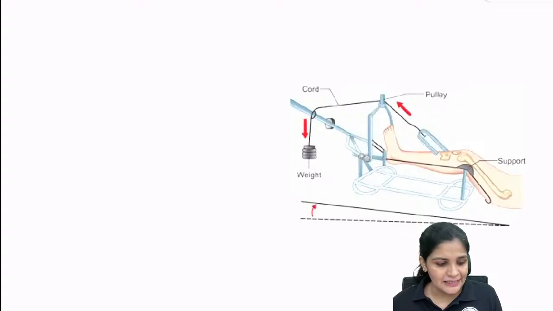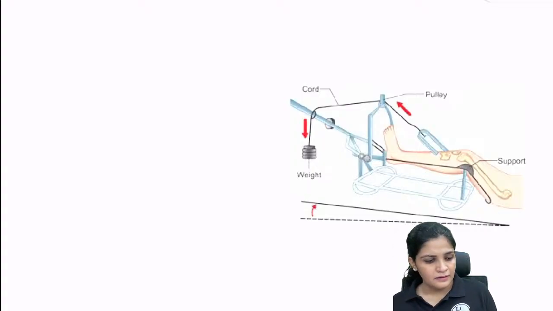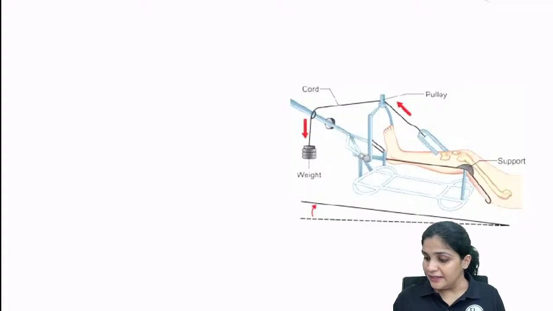You can again see there is a pulley, there is a weight, there is a cord, right? So what is this apparatus called? This is called, yes, very good, the Bohler-Braun splint.